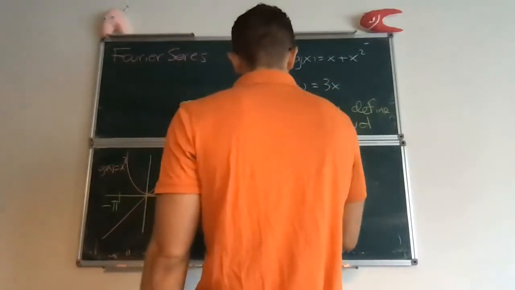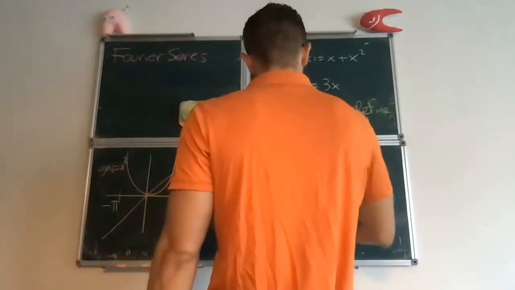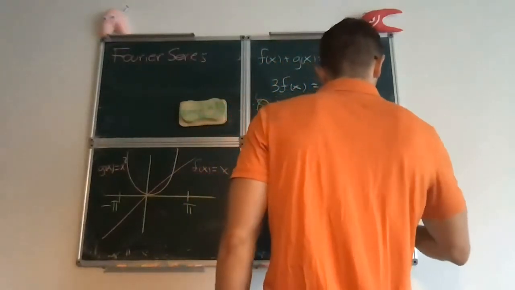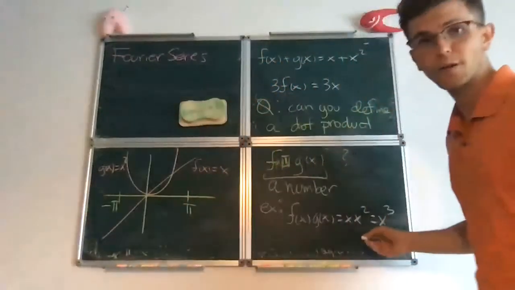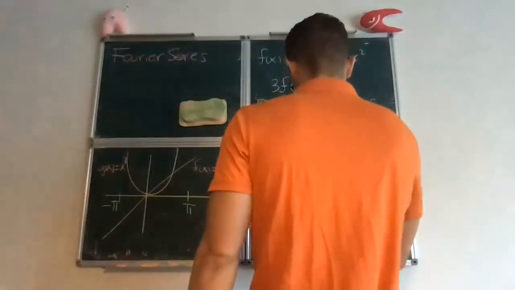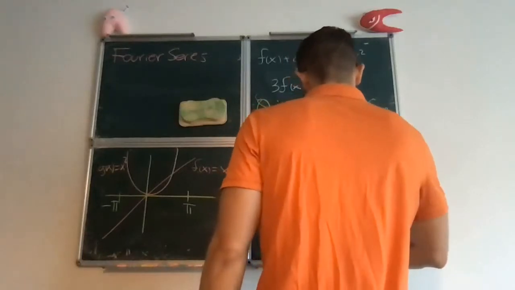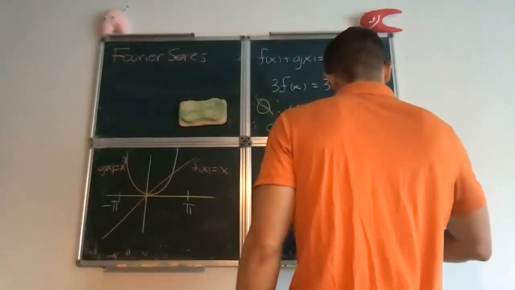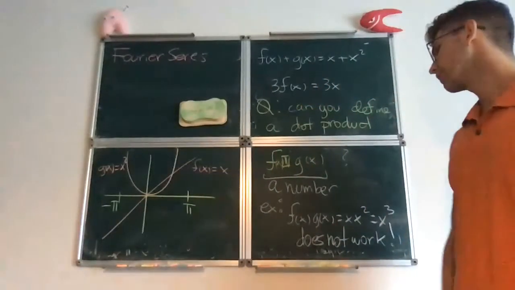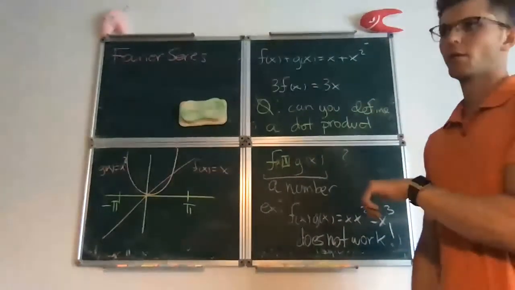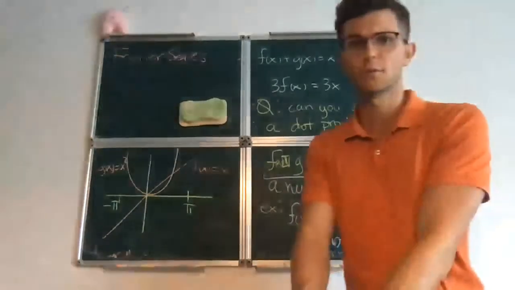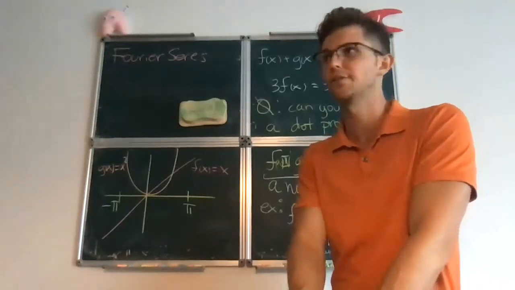For example, the usual multiplication of two functions, that's a new function, so not a number, so this does not work. So what we want to do is find a way to extract a single number from a function or from a collection of functions.